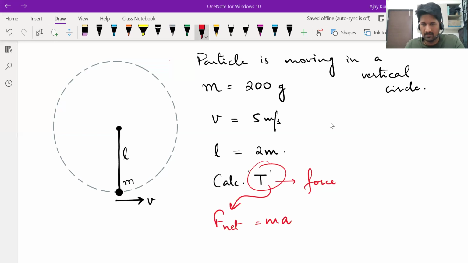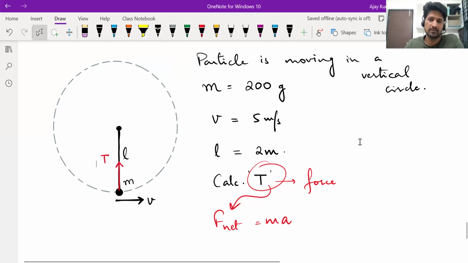Pawan, you tell me, at the given instant, in which direction does tension act on the ball or object, whatever it is? Vertically upward. Tension acts this way. Fine. Is the object moving in a straight line or a curved path? Curved path.